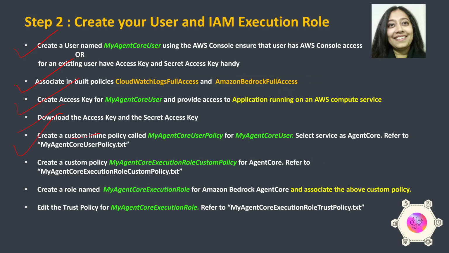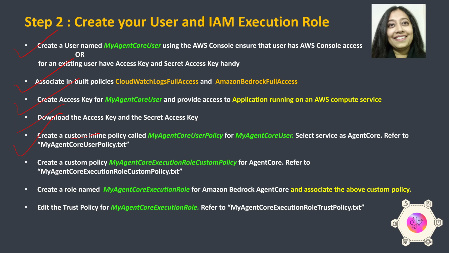Now we need to create a custom policy for our role. This is the execution role that is required by AgentCore. So if you go back to my overview, especially part 2, where I have dived a little deeper into runtime, I had mentioned over there that when we work on the lab, you will see that we will be creating a special role that will be used for execution and working with AgentCore Runtime.